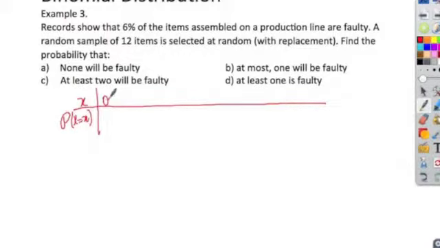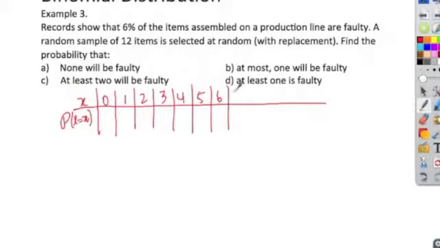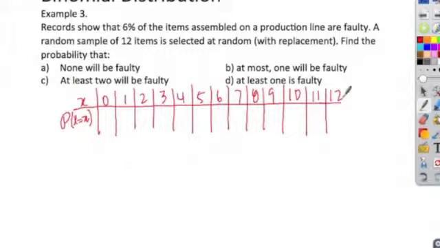By removing 12 items, none of them could be faulty, or 1, 2, 3, so on, all the way up to 12. All 12 of them could be faulty. So any of these numbers of outcomes are possible. All right. The first question, part A, asks the probability that none will be faulty. So really what we're looking for is the probability that x is equal to 0.